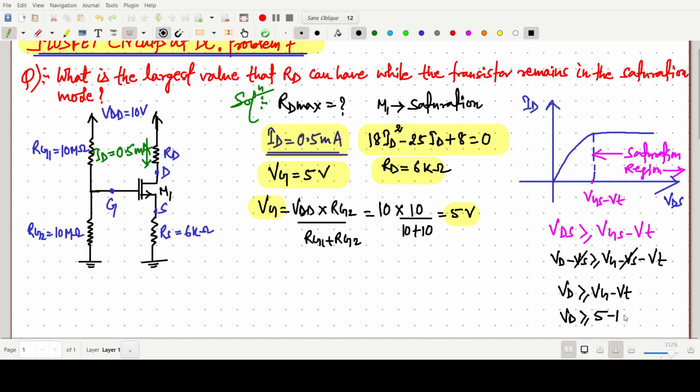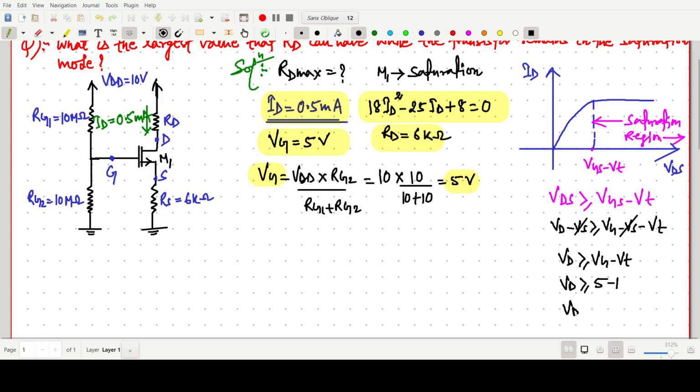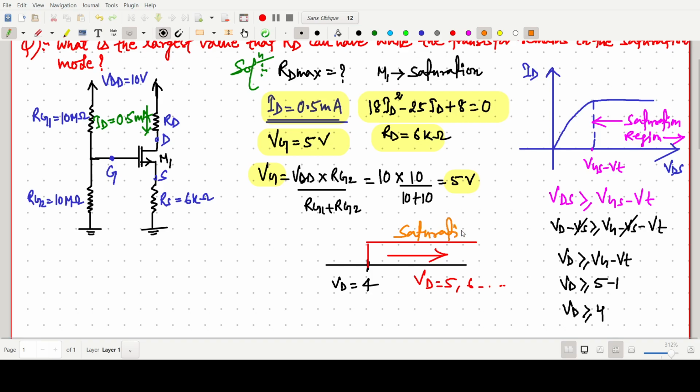So for the saturation case, if there is a number line, VD value will be 4. If we put a VD value more than this, on this side, like 5, 6, the transistor remains in the saturation region.